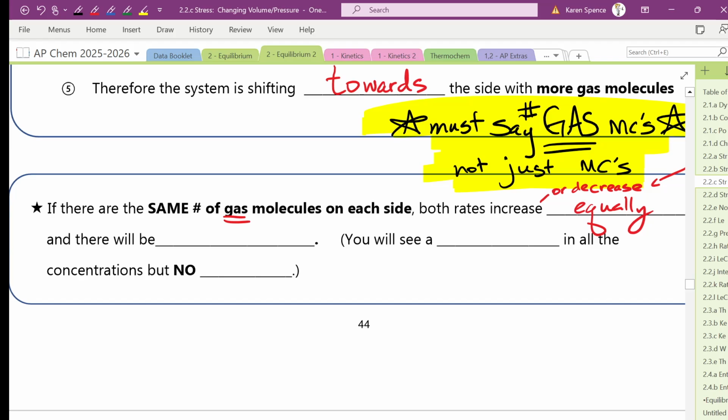And what's going to happen with the shift? There's going to be no shift because the rates are still equal. They have decreased equally or they've increased equally, so the rates are still equal.